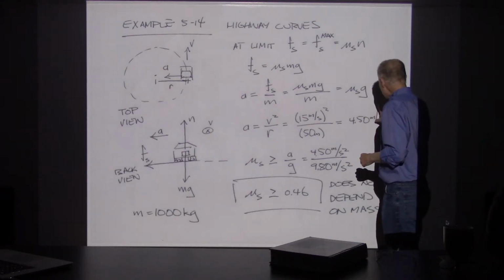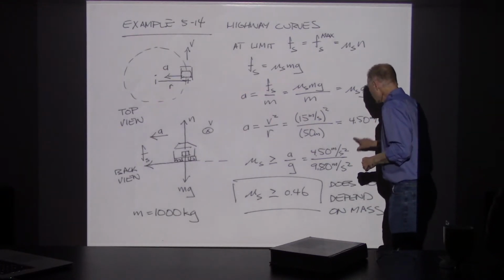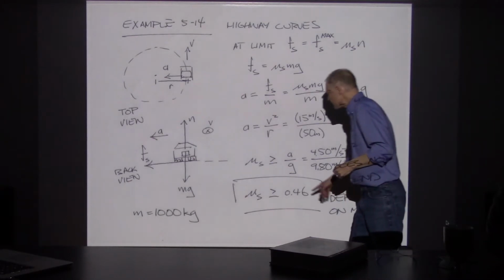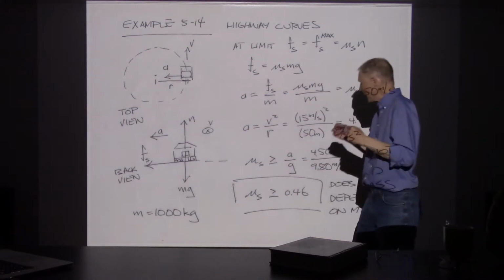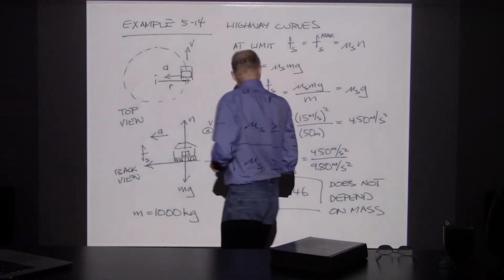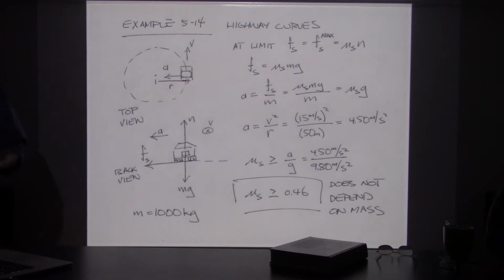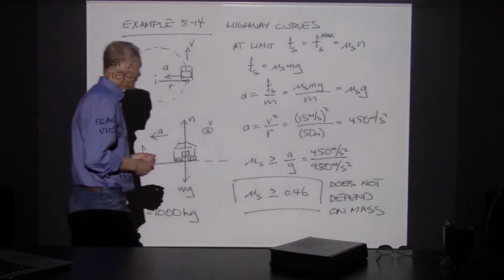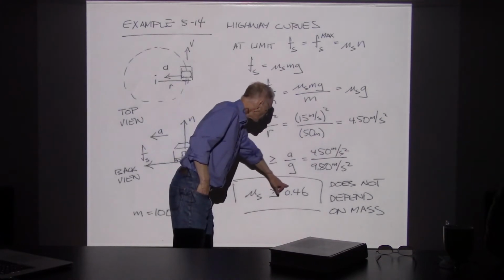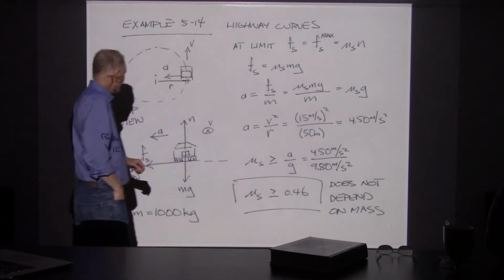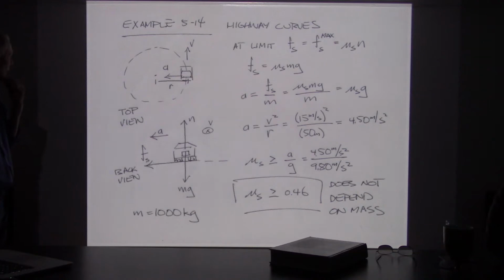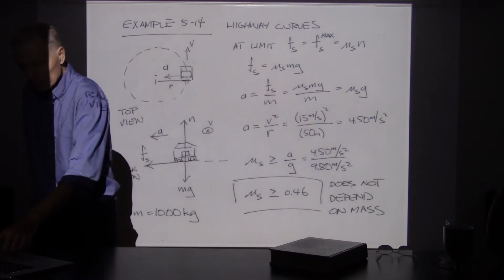But putting the numbers in now, we've got 4.50 divided by 9.8. It says that to make it around the curve at this speed in Earth's gravitational field, independent of the mass of the car, so that part doesn't matter, but the planet does, we would need 0.46. Now, that, I think, answers our question, right?